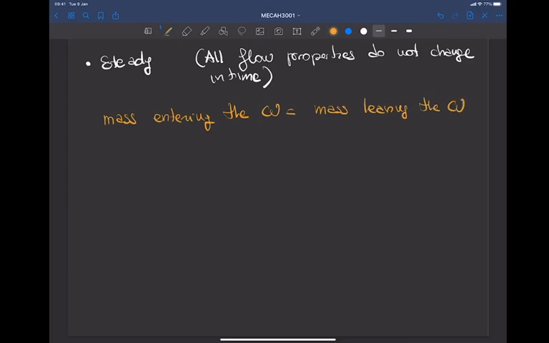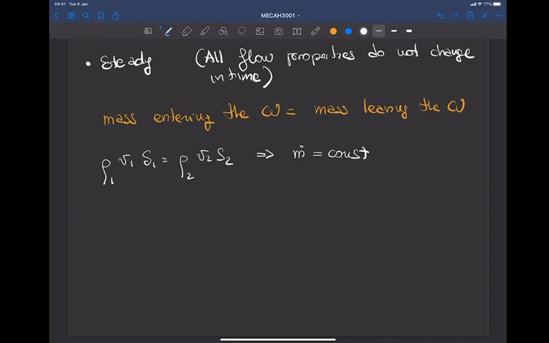Okay, because of course we are not in the context of nuclear reactions, and so the mass must be conserved. And so in mathematical terms, it means that the mass flow rate at the inlet equals the mass flow rate at the outlet, or in other words, that the mass flow rate m dot is a constant. Okay, so this is a very simple mass balance that we can establish for a steady system with a single inlet and a single outlet.